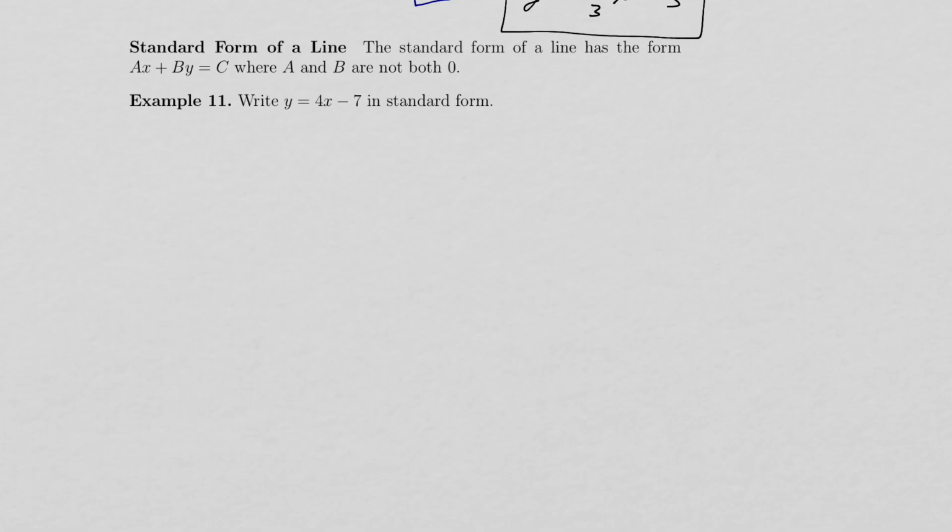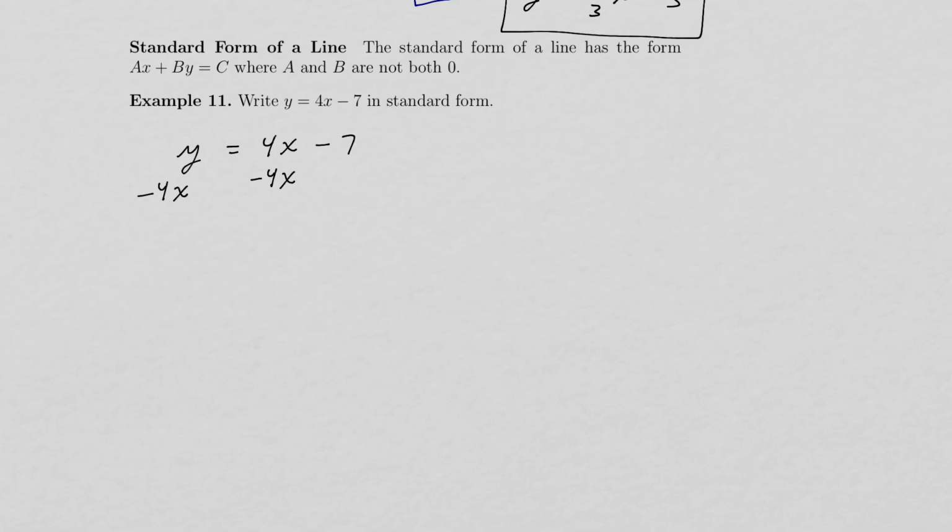In the first case here, it says write y equals 4x minus 7 in standard form. So we just want to manipulate this so that we have an x term first, then a y term, and then the constant is on the right-hand side. To do that, I basically just need to move the x term to the left-hand side, so I'll subtract 4x from both sides.